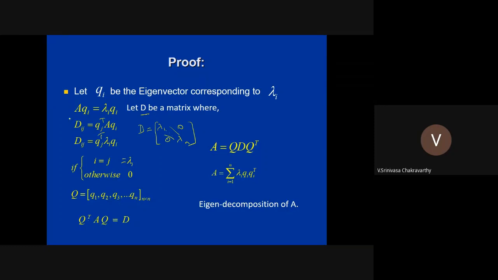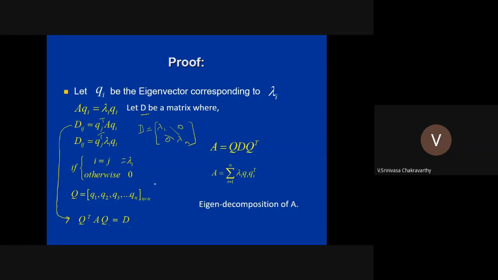So basically, I am taking this, writing it in matrix form. Q transpose AQ is equal to D, and therefore if you take Q and Q transpose to the other side, you get A equal to Q D Q transpose.